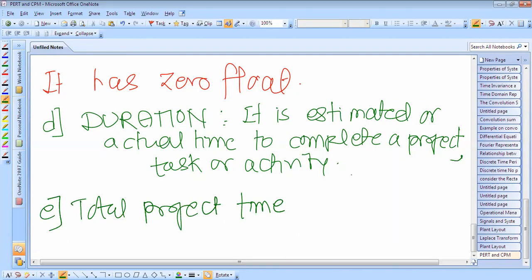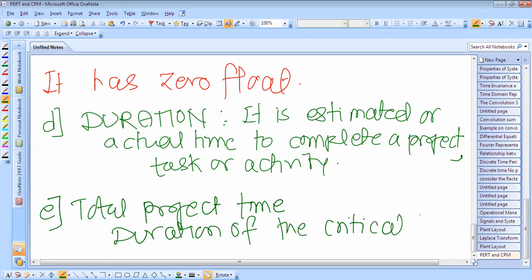In other words, the duration of the critical path. The duration of the critical path is the total project time, because it is the critical path which takes more time, and therefore we generally consider the duration of the critical path as the total project time.